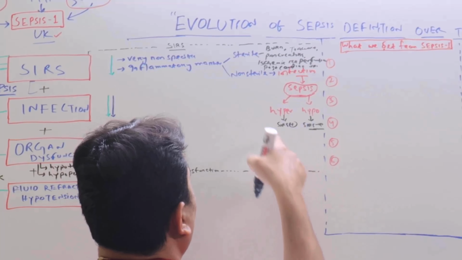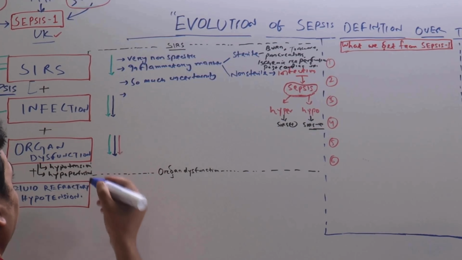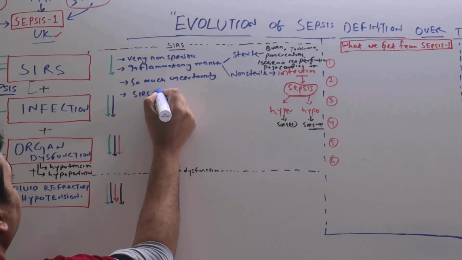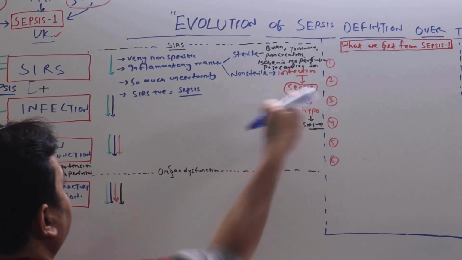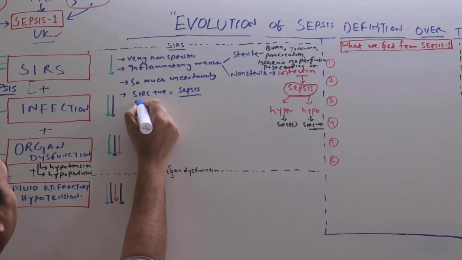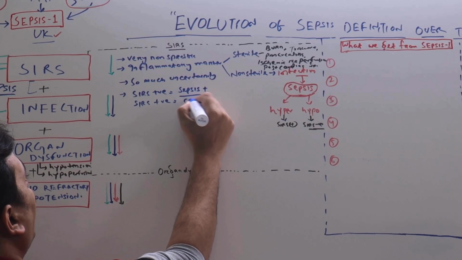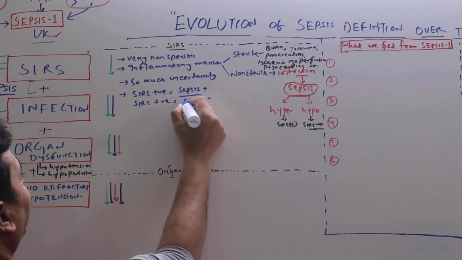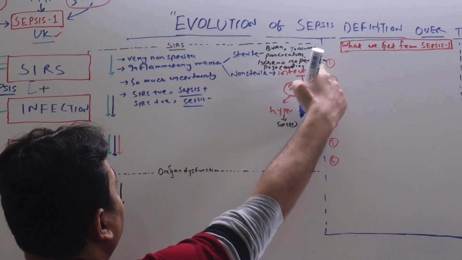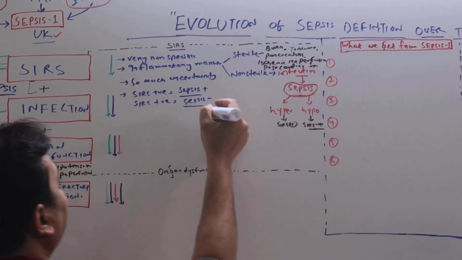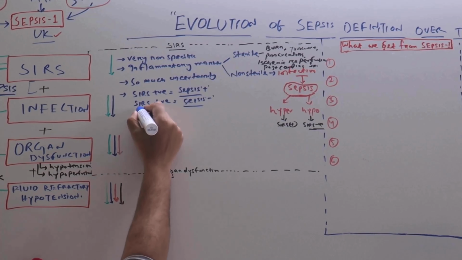So you see, regarding SIRS, there is so much uncertainty. For example, SIRS is positive, it can be sepsis: non-sterile inflammation, infection, sepsis is there. Or if SIRS is positive, sepsis may not be there. We've seen SIRS positive with burns, trauma, pancreatitis, ischemic reperfusion injury, post-cardiac surgery. In those patients, sepsis is not there, but SIRS is positive.